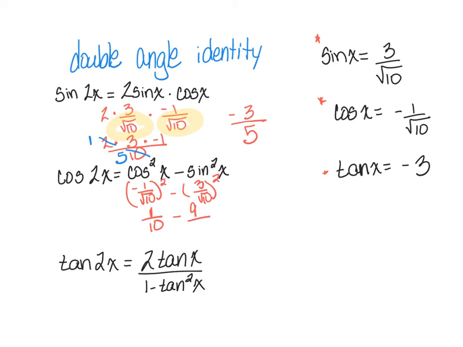Square root of 10 times square root of 10 is 10. Now, fortunately, this is already in a common denominator. So 1 over 10 minus 9 over 10 is negative 8 over 10, and that simplifies to negative 4 over 5.